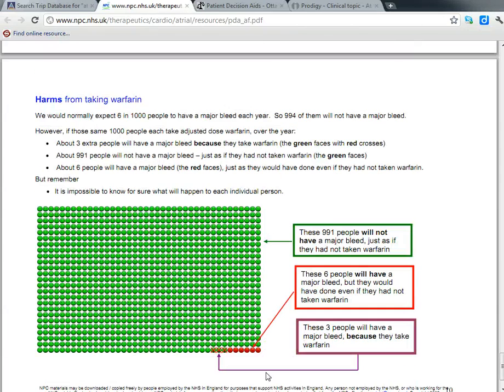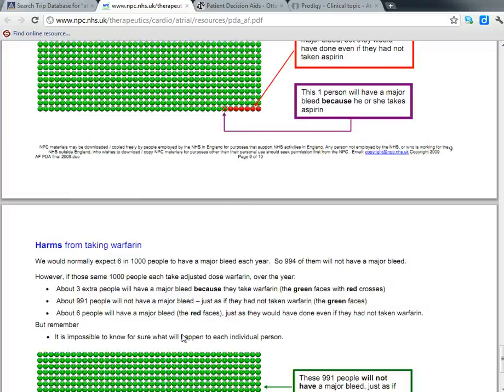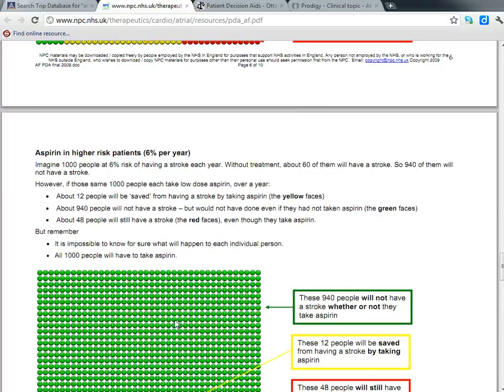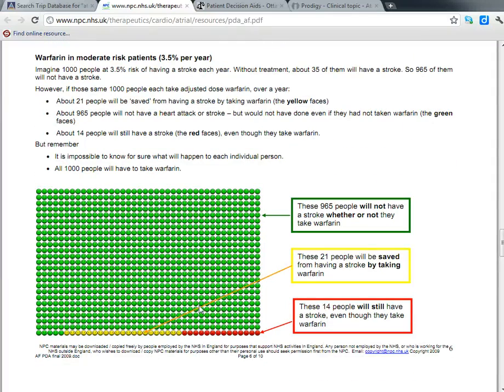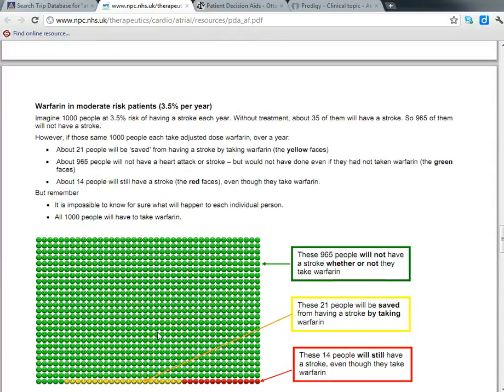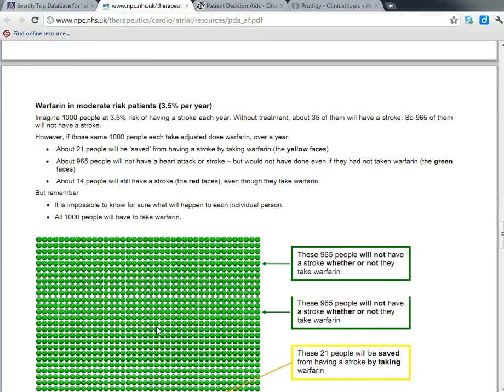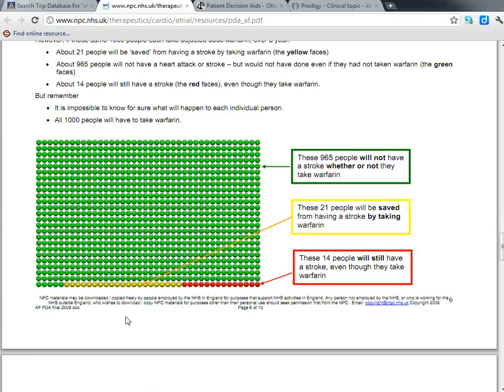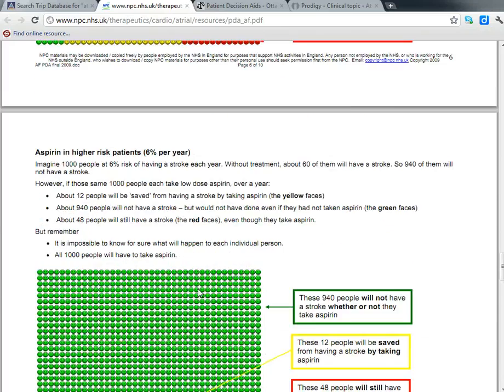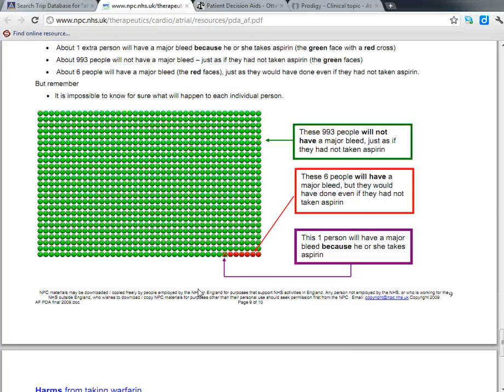But the patient felt that this risk of 3 in 1,000, compared to the benefit that 21 in 1,000 would actually have a stroke prevented, that there was 7 times as much benefit as there was harm, would actually be worthwhile.